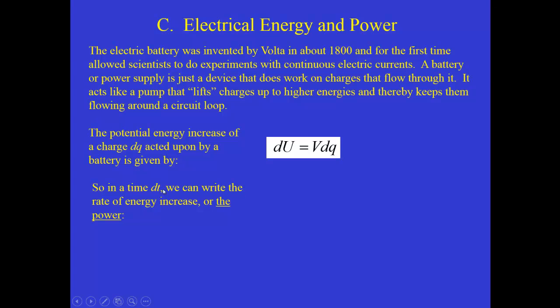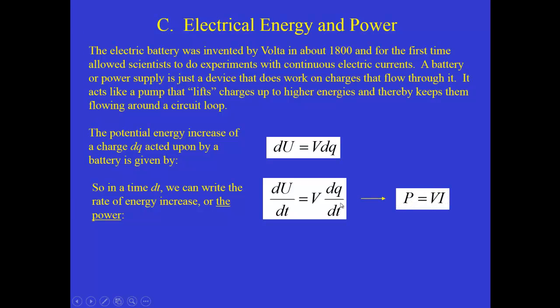So in a time dt, if that's how much energy is being absorbed by the charge, in a time dt, we can divide both sides by dt, and we can see that the time rate of change of energy, the rate of energy increase of a charge flowing through a circuit, is equal to the potential difference that it experiences times dq/dt, which is nothing more than the current. So if you have a power supply that supplies a voltage V and a current I is coming out of it, then the product of those two gives you the power.